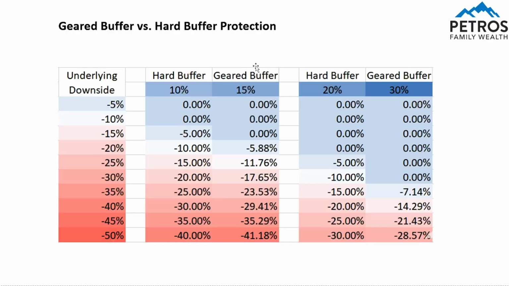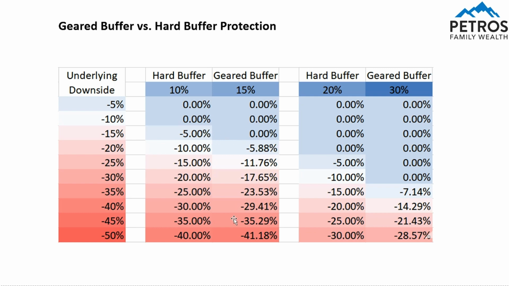But one thing I do want to point out here in these examples, with that complexity, now you're hedging or protecting for more normal downside over the end of a 3 or 5 year period. In the 10% hard buffer, underlying's down 15, you're down 5. But in a geared buffer, you get all your money back.